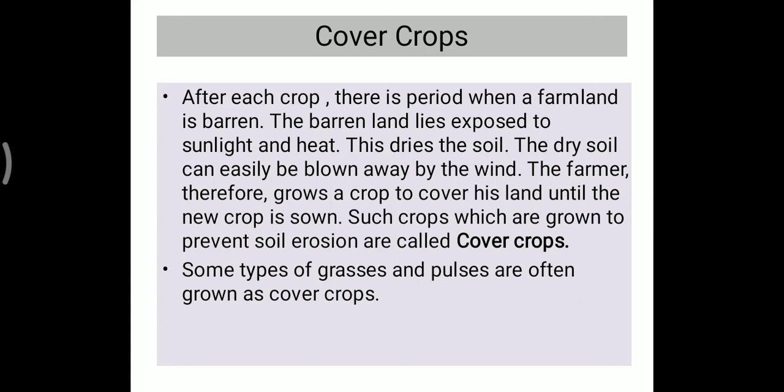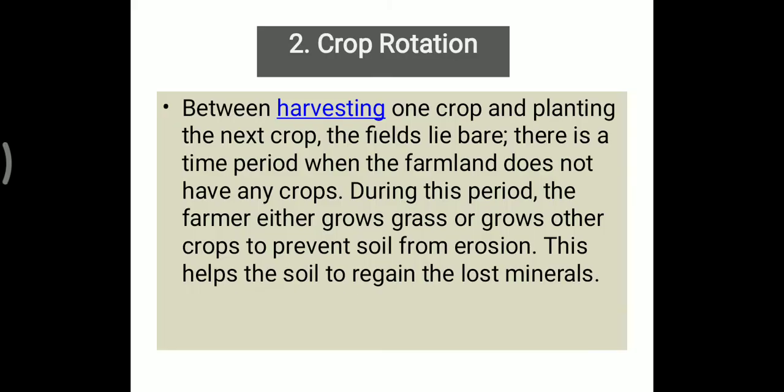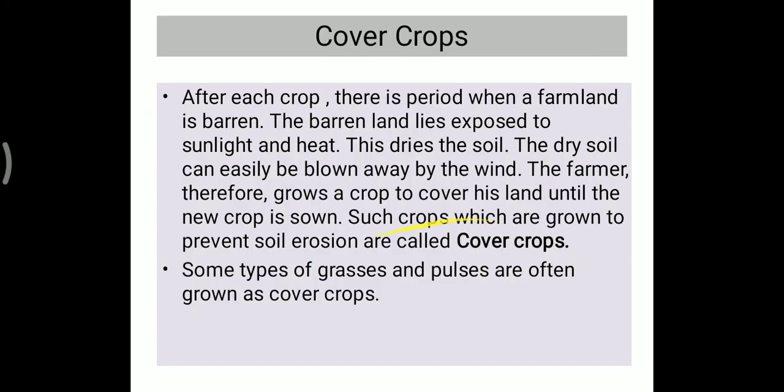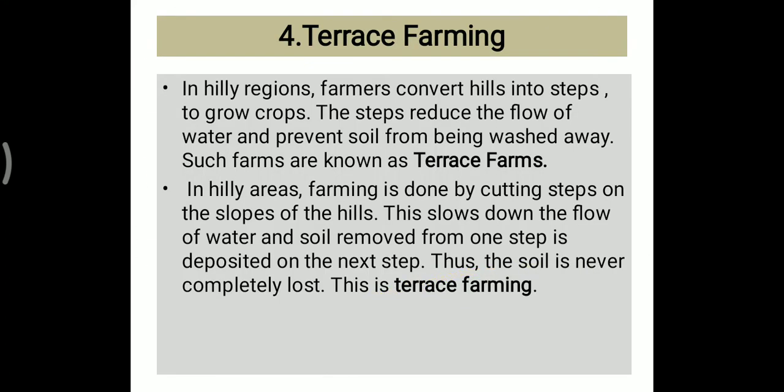And you know very well, whenever farmland remains uncultivated, whenever no vegetation is on the field, the field will be exposed to heat and sunlight, and it will get dry. If the field dries, it will convert into barren land, and the soil of barren land can easily blow away or wash away.